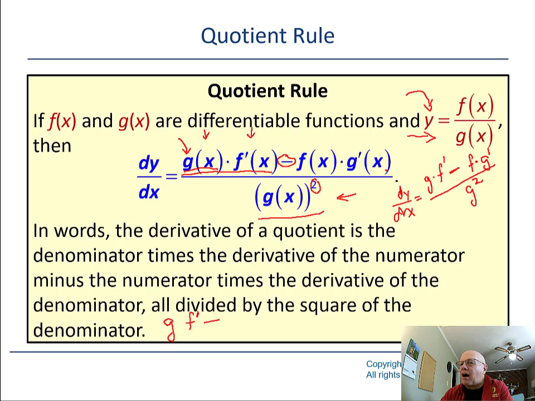Minus high, D-low, over the square of what's below. Low, D-high, minus high, D-low, over the square of what's below.